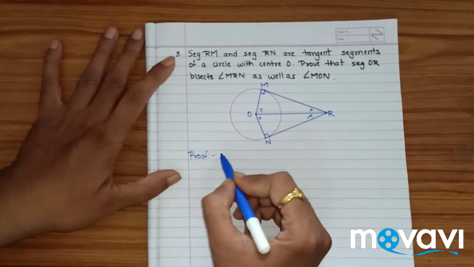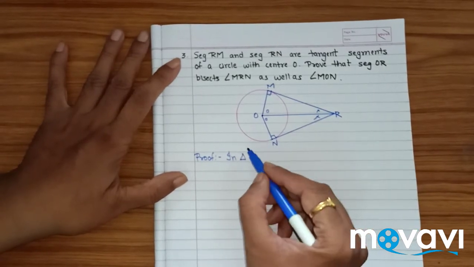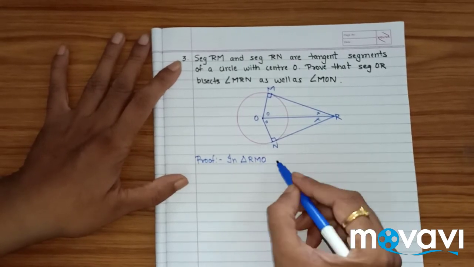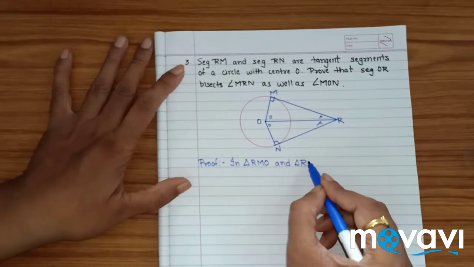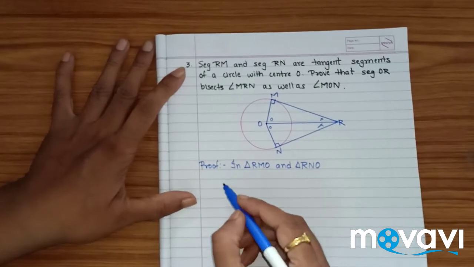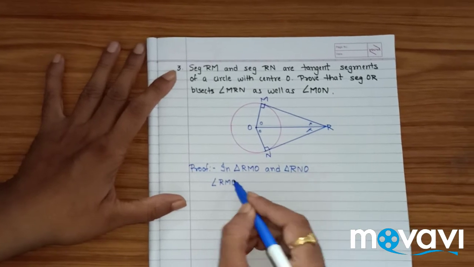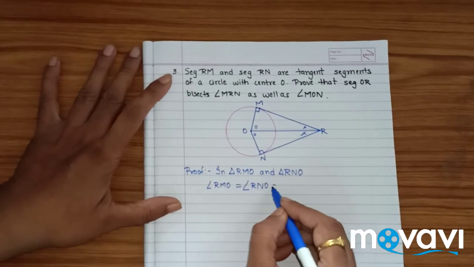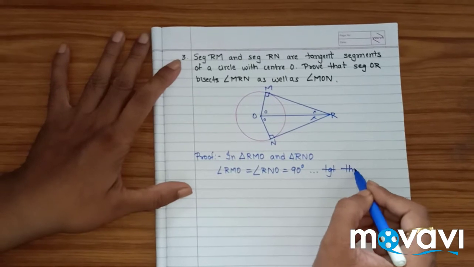So we'll have to consider the two triangles. So in triangle, which are the two triangles? RMO and triangle RNO. RMO and RNO. So in these two triangles, we know that angle RMO is equal to angle RNO is equal to 90 degree. Why? By tangent theorem.